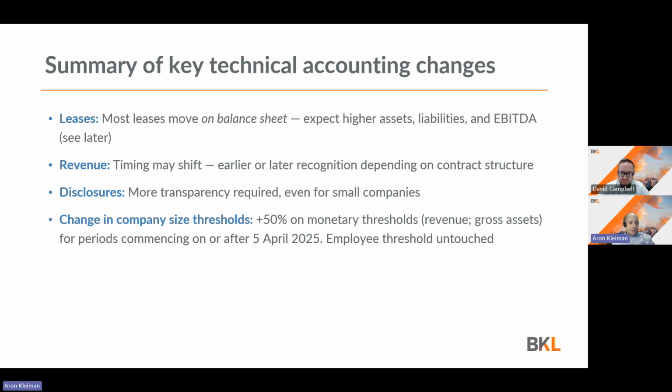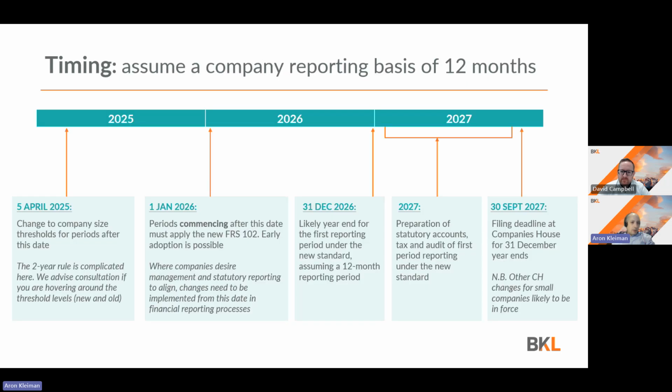We are going to talk about the change in company size thresholds and how this affects things. This is already in force, actually. It came in April 2025. Many here will be aware the change was to increase the monetary threshold, so revenue and gross assets, by 50% to measure a company's size or a group as small, medium or large. And a reminder that the employee threshold was not impacted by this. That remained the same. So if I talk about the timing, just so you have an idea, we're in 2025 now, as I noted.